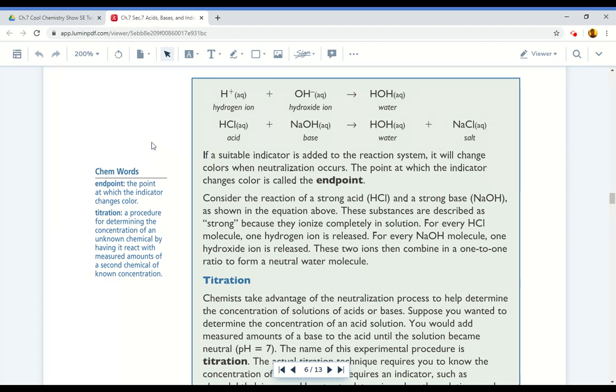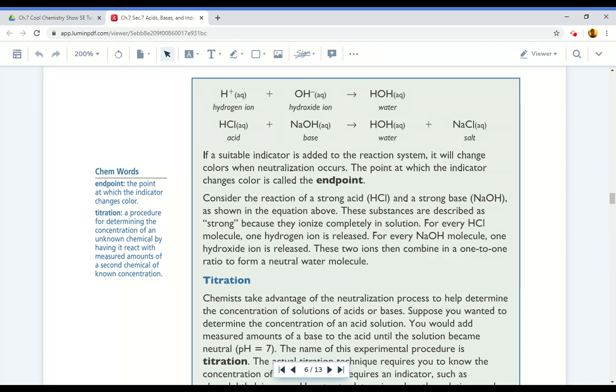If a suitable indicator is added to the reaction system, it will change colors when neutralization occurs. The point at which the indicator changes color is called the endpoint. Consider the reaction of a strong acid and a strong base, as shown in the equation above.